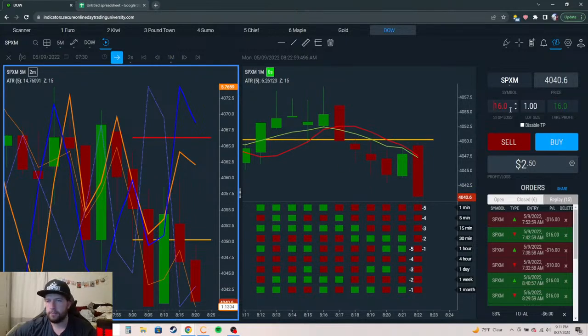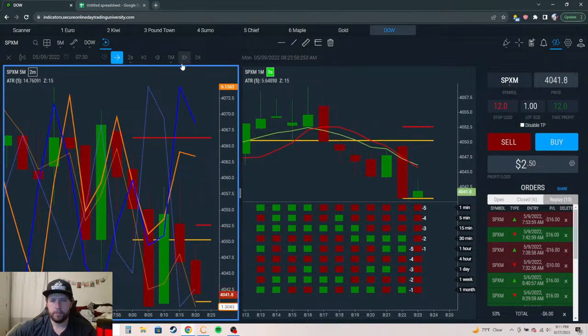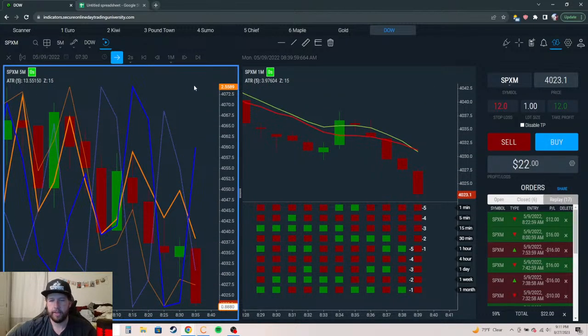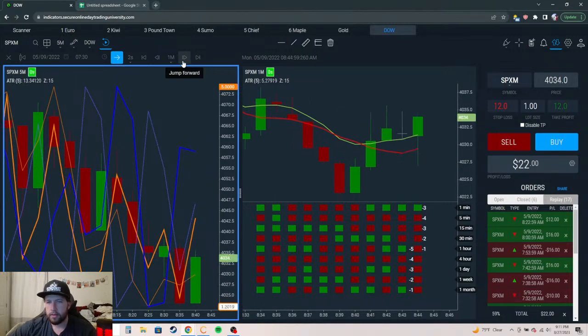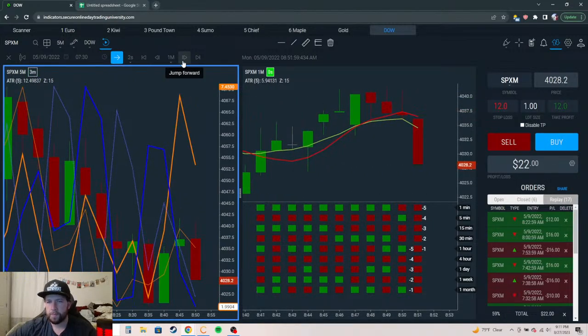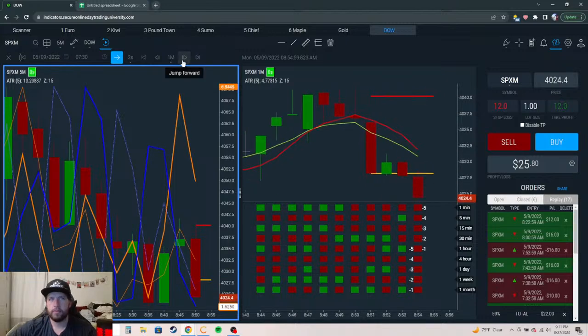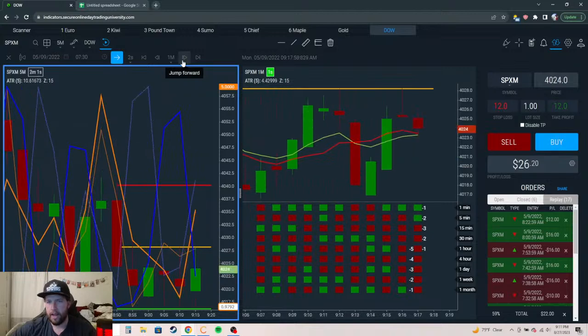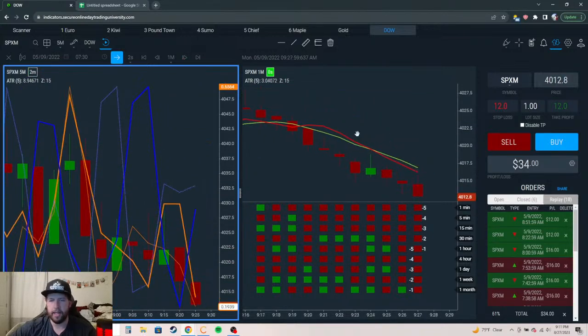Another sell. Yep, got both of those. There's a sell. And we're at 9, so we're not taking any more trades. Just letting that one finish, and it ends up winning. Next day.